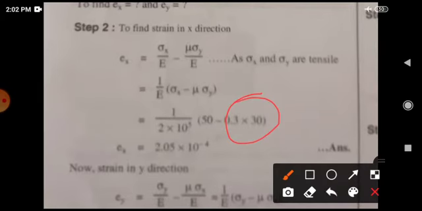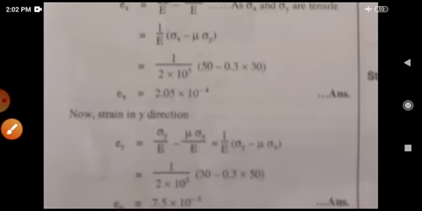Let me speak directly: if this quantity is greater than 50, in that case you will have this calculation, this strain, with a negative sign. That means because of the higher stress in y direction, the element, instead of getting elongated, gets compressed. Therefore you have to consider this.